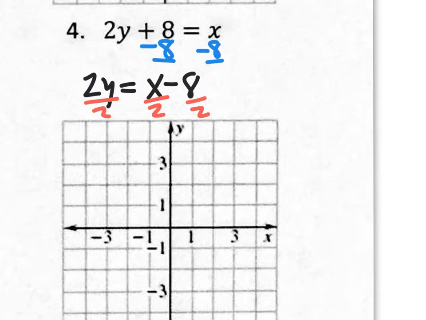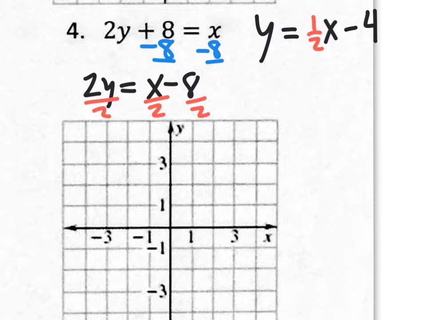So my function form equation that has y by itself will be y equals, now there is an invisible 1 right here in front of the x. So I'm going to write that as 1/2 x with the x on the side. Okay? And then we have the negative 8 divided by 2. That's going to be a minus 4 or a negative 4.